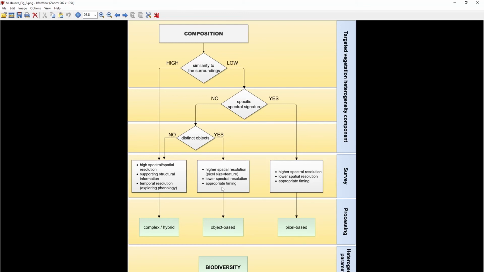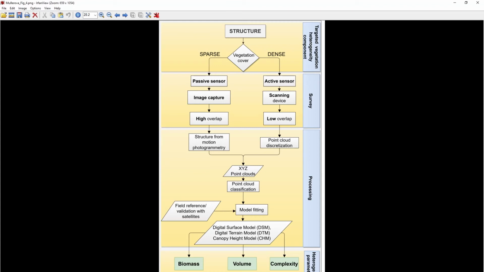In case the species that we want to map shows high similarity to the surroundings, we would probably need more sophisticated sensors, or perhaps some supporting structural information or other information or temporal resolution, and also we would have to apply some more complex models, such as combining object and pixel-based approaches.